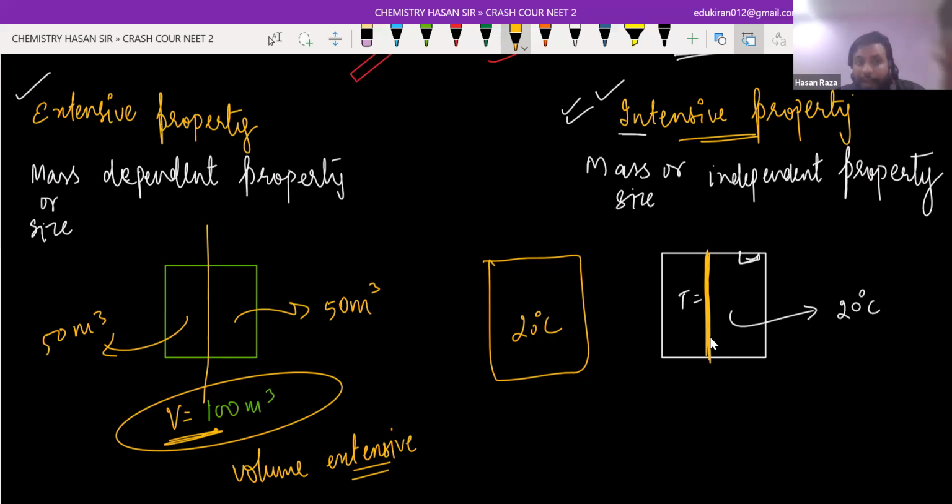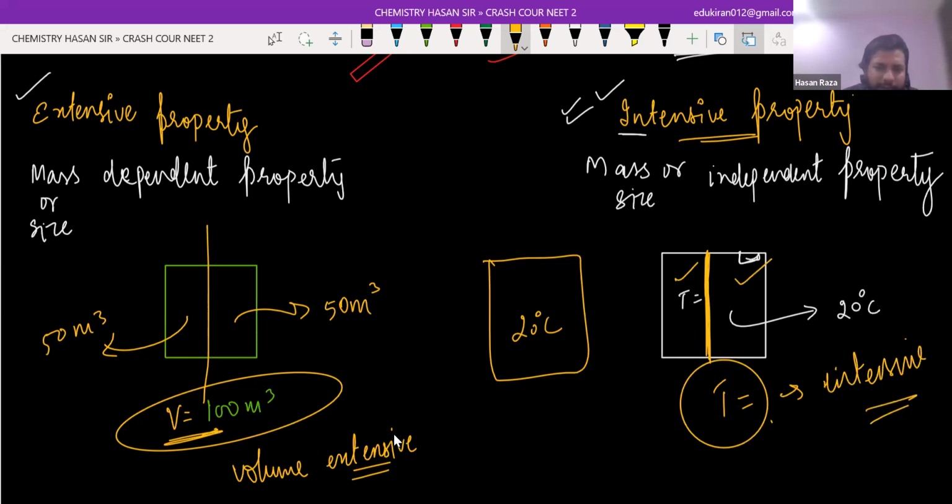So for a few hours, the temperature will be the same, 20 degrees centigrade here and 20 degrees centigrade here. Basically, temperature will not change. That means temperature does not depend upon the size. That's why temperature is an intensive property. Are you getting my point? Yes or no?